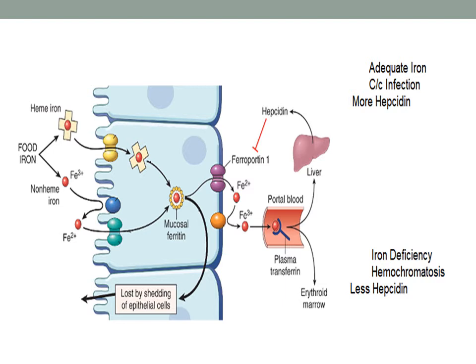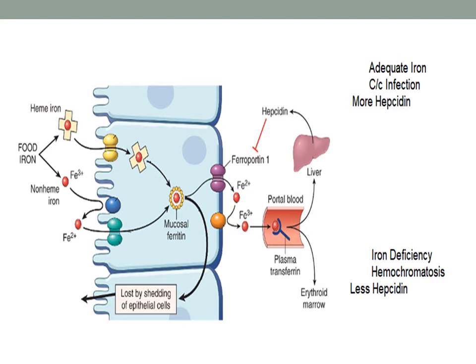In order to enter the enterocyte, it has to be converted into the ferrous form, and that is done by the iron reductase, which is the blue circle one at the apical membrane, and then it enters the cell via the DMT1, which you can find next to the blue circle.